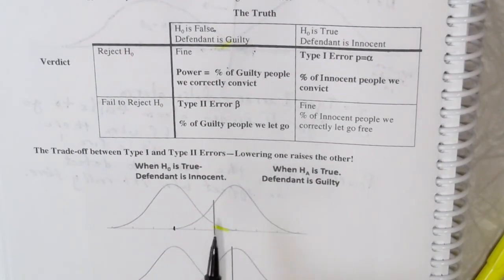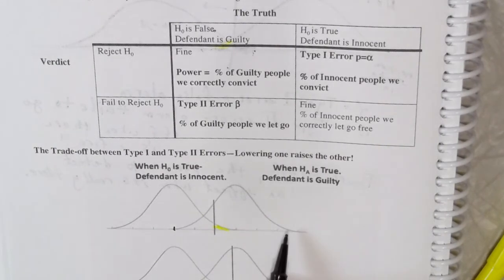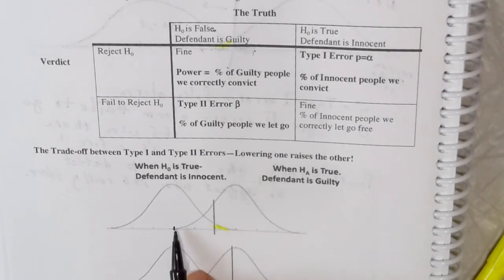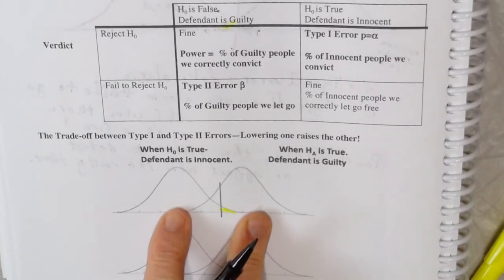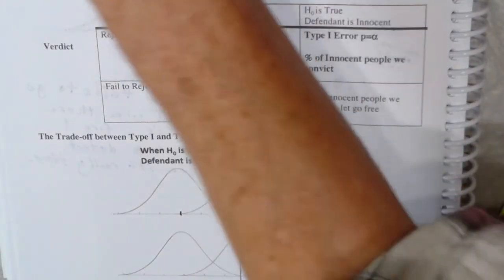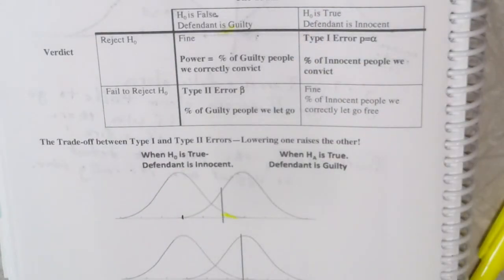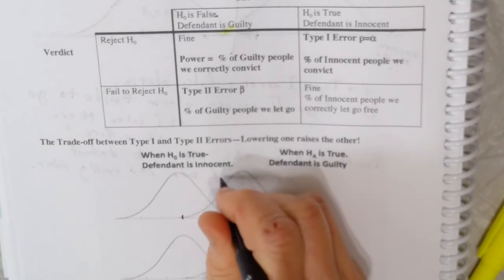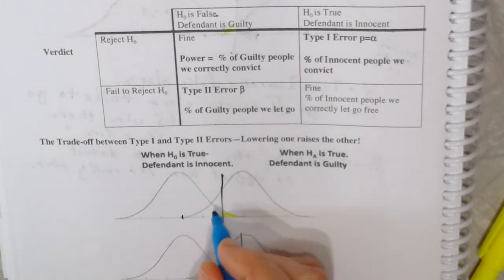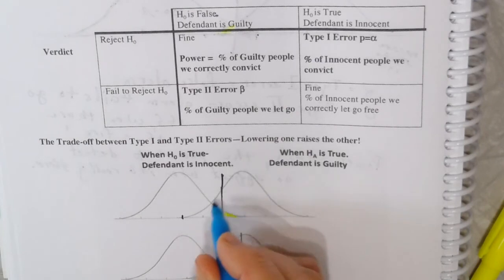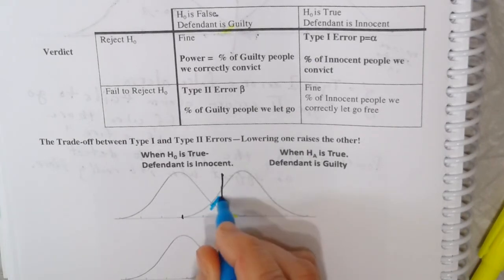But then there's also these guilty people here. And some of them have very little evidence against them. Even though they are guilty, of course they're shifted way up on this axis. But it's not perfect, so you have to make a decision. So right here, we make some cutoff. The other type of mistake we're making is, if the defendants are really guilty, letting them go.